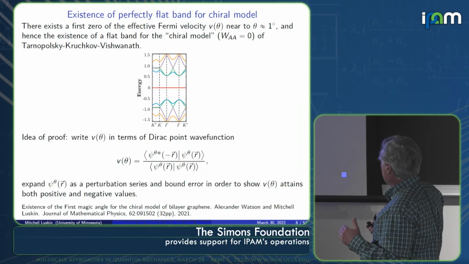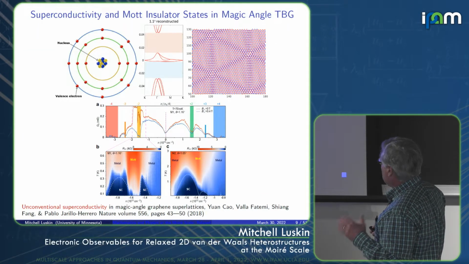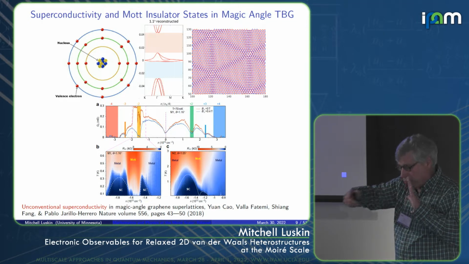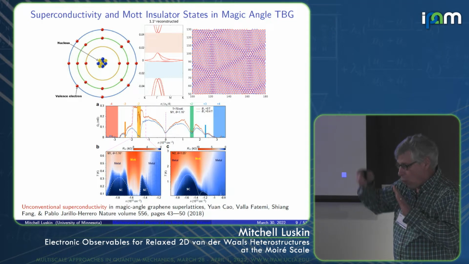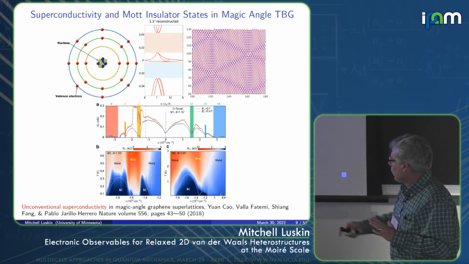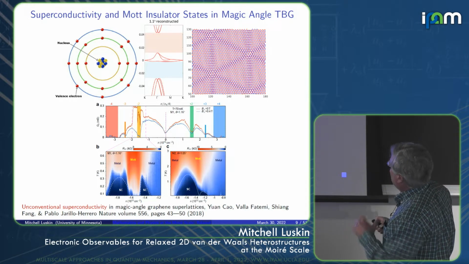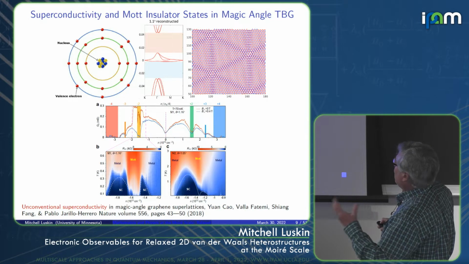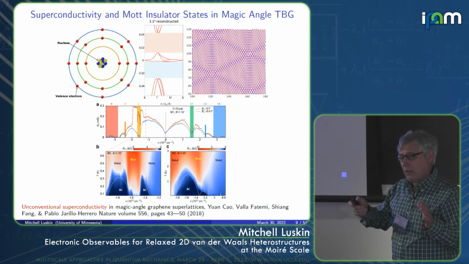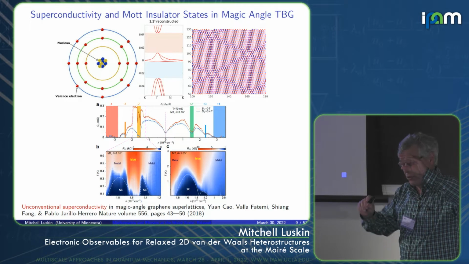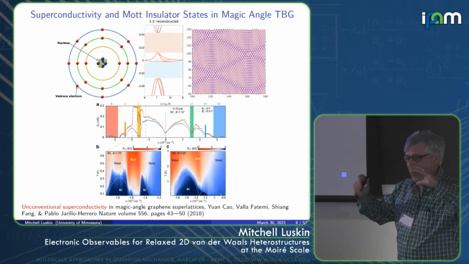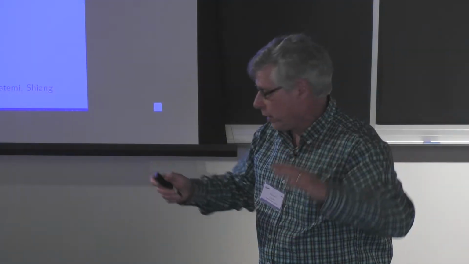And what's really exciting is you literally see these sharp changes as there's 1 electron per Moiré cell, 2 electrons, 3 electrons. So this brings to mind an idea of a periodic table. Just by turning on voltages, turning a knob, you can create really new electronic materials.